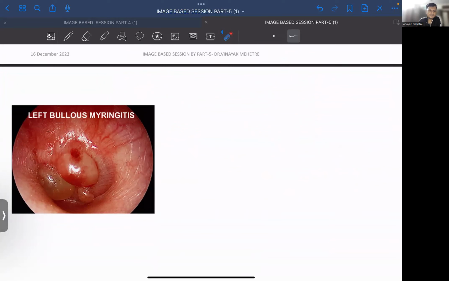A patient presented with pain in the ear and decreased hearing, plus there is a bulla on the tympanic membrane. Bulla on the tympanic membrane is called bullous myringitis. This image has been asked, that too recently. What are the causes of bullous myringitis?